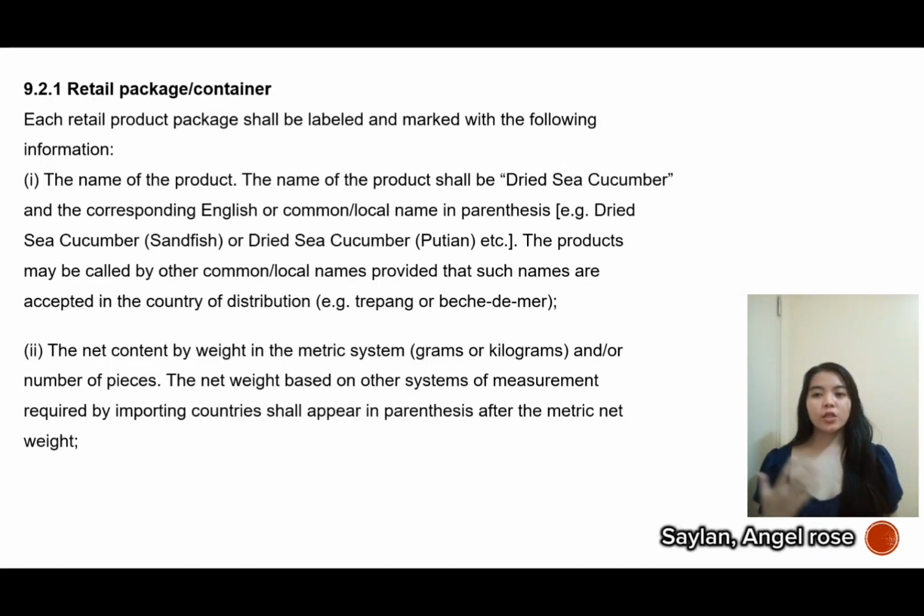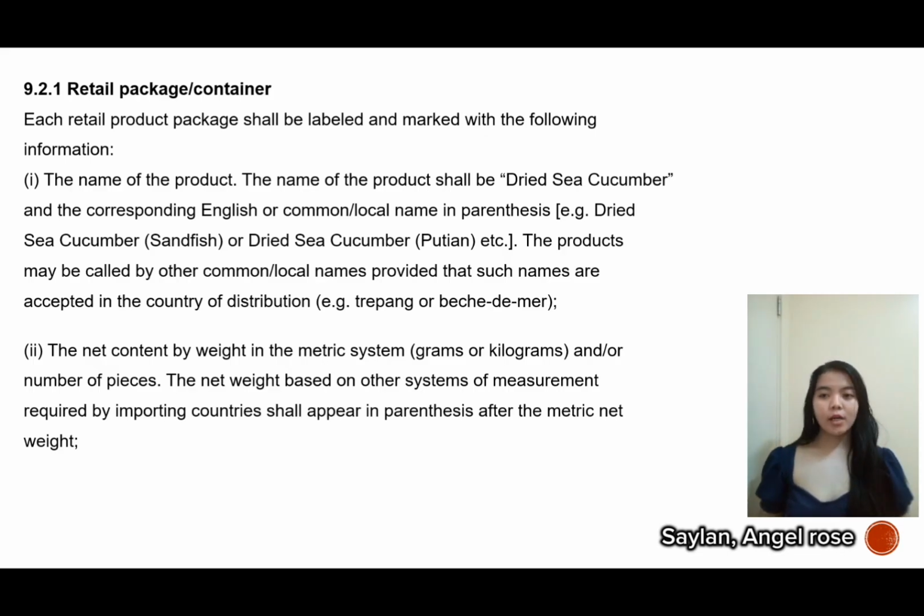So what is dried sea cucumber? Sea cucumbers, also known as balat or bat in some parts of the Philippines, are marine animals with leathery skin and an elongated body. They are echinoderms belonging to the same group as starfish and sea urchins.